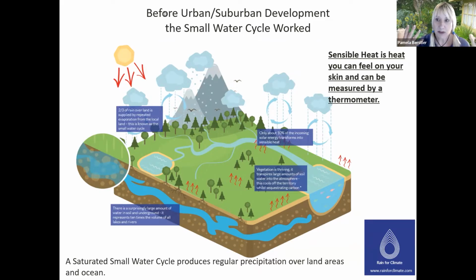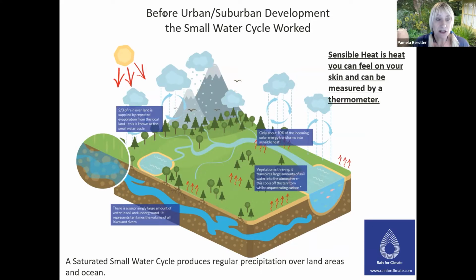And the plants were making plenty of evapotranspiration up into the atmosphere, and that was condensing and falling as rain on the terrestrial areas. So this small water cycle worked really well, and sensible heat was being absorbed by the plant system. And things were pretty balanced.